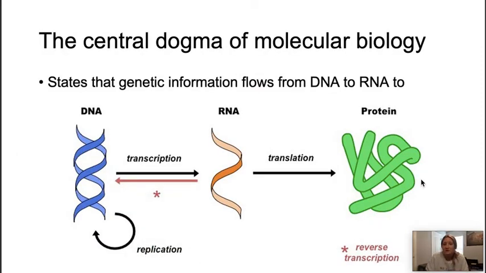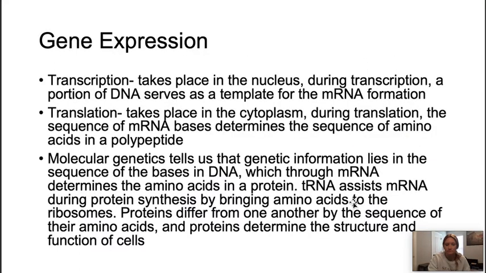This really moves us into the central dogma of molecular biology. This states that genetic information flows from DNA to RNA to the protein. So you've got DNA, which has your double helix. It's going to be transcribed into RNA, which is a single strand, which will then be translated into a protein.